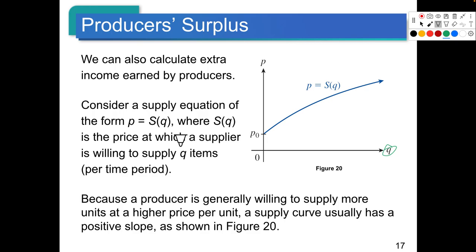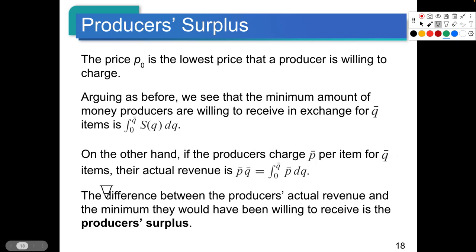So what we're going to see here, though, is if we sell it at a lower price, this is the lowest price we would have sold it at. Following along here, we're going to supply more. So what happens for producer surplus, this is the lowest price we're willing to sell at or produce anything.